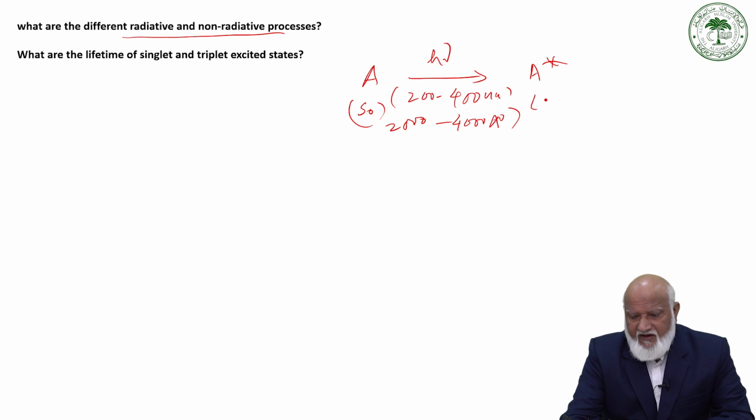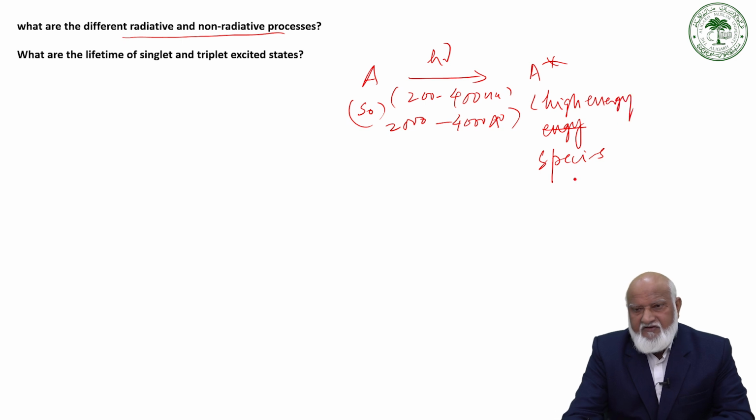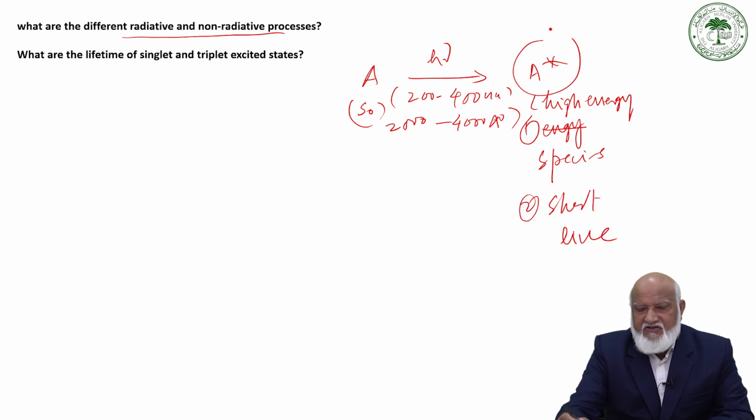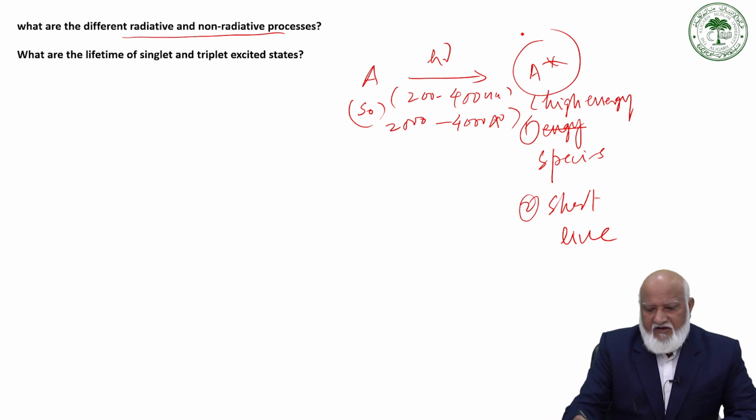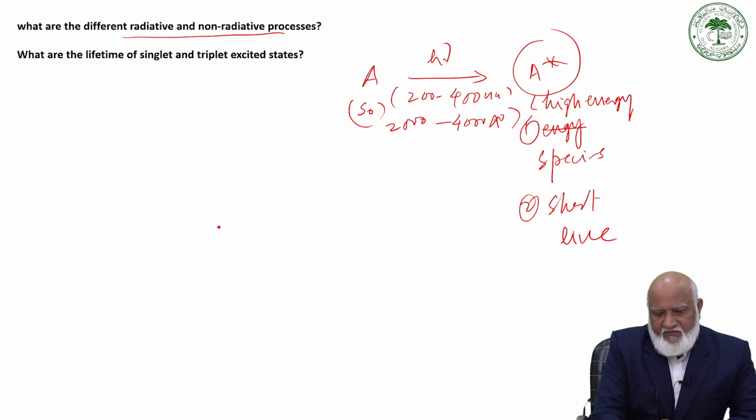Now these excited states are high energy species. Number one, they are high energy species, and number two, they are short-lived. The lifetime of these excited states is very short.